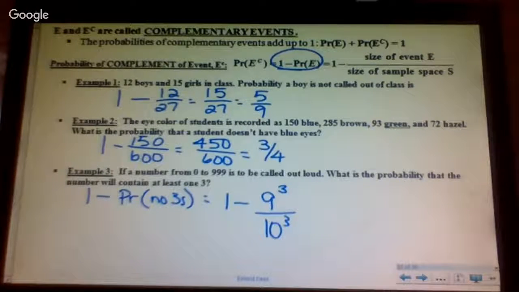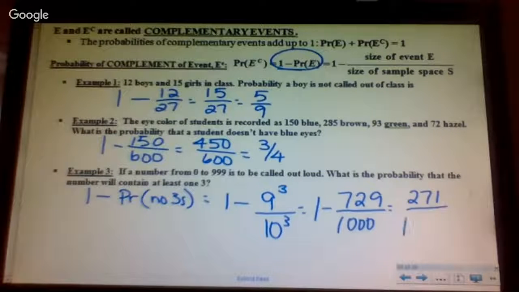Okay, so at least 1 3 is 3 or more. This is no 3s. So that's actually 1 minus, no, that's not 271, that's 729 out of 1,000. So you actually get 271 out of 1,000.